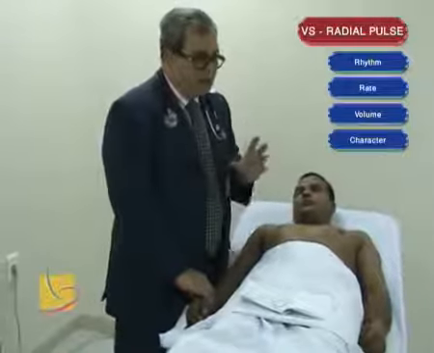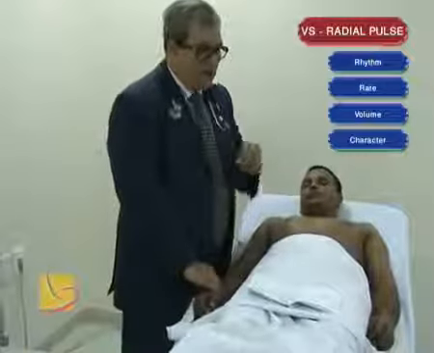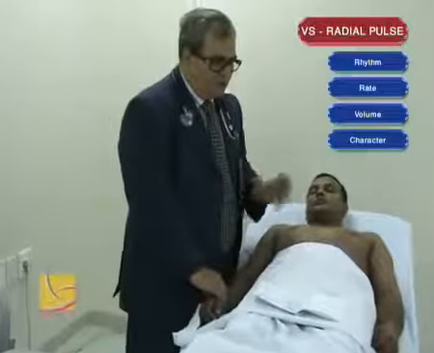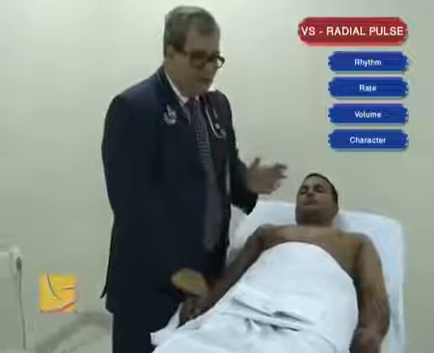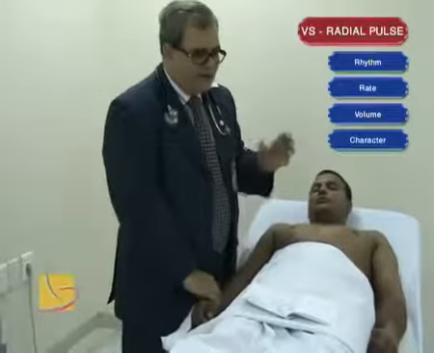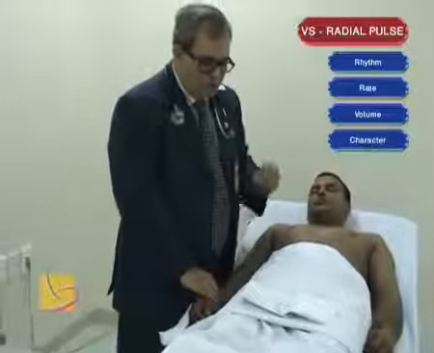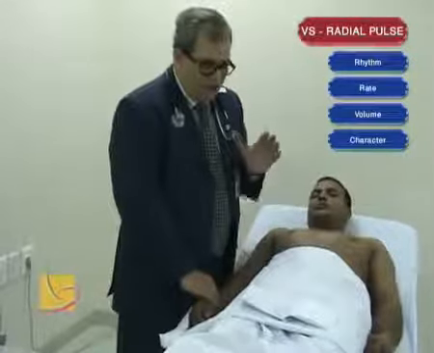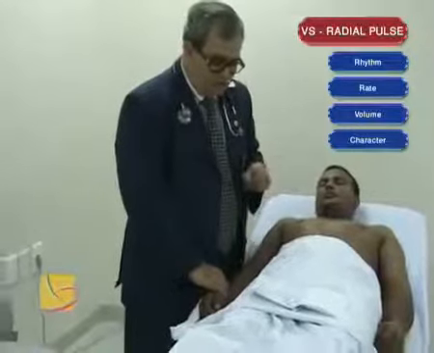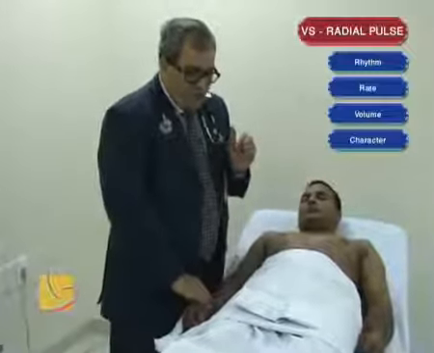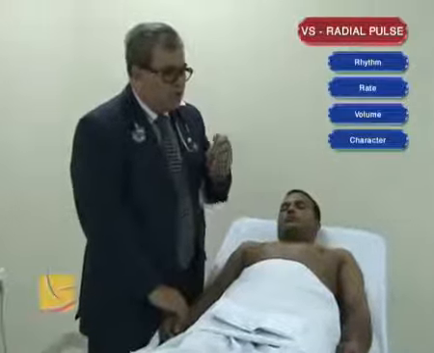Then a third type of abnormal pulse, which is pulsus paradoxicus. Pulsus paradoxicus, we can feel it by palpation of the radial pulse and brachial pulse, and we can get it more meticulously and more accurately by measuring the blood pressure of the patient in a different way to detect the pulsus paradoxicus. Pulsus paradoxicus means what?